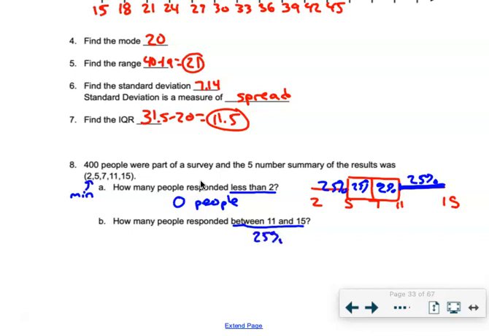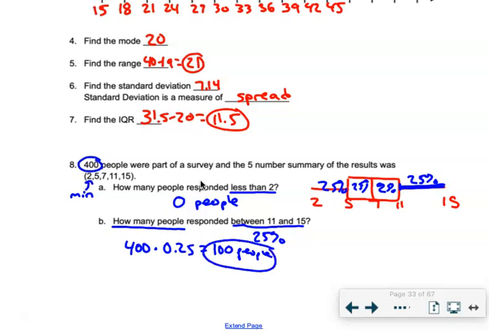But that's not what they asked. They said how many people. There's 400 people total. We want to take 25% of 400, which is just going to be 100. All right, so that's your warm-up for day 6.